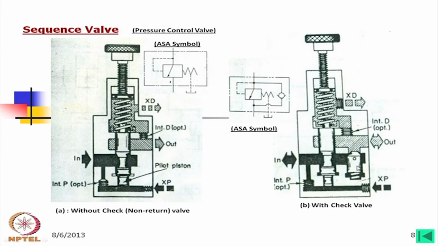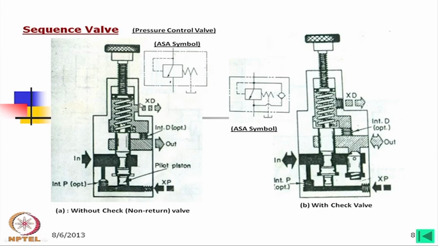Due to the introduction of this check valve, flow is allowed from the other side also. In this case, flow is only from one direction, maybe regulated pressure, maybe regulated flow. In this case, if the flow is coming from the other side, then it will operate this check valve and flow can go out.